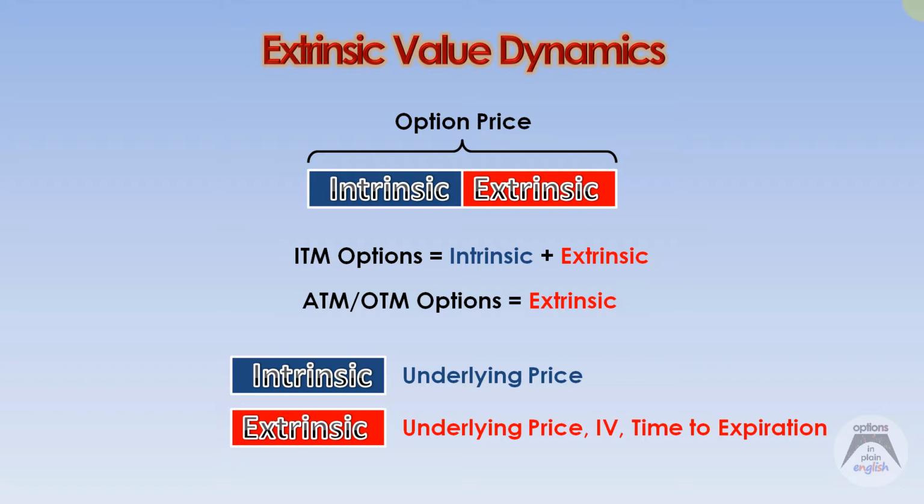That is enough for you to determine what the intrinsic value is. And extrinsic, you have to know where the price is when you compare it to the strike price, and also what the level of implied volatility is, and what the time to expiration is.